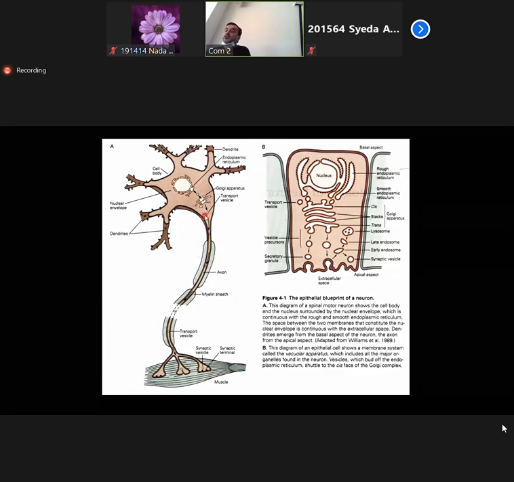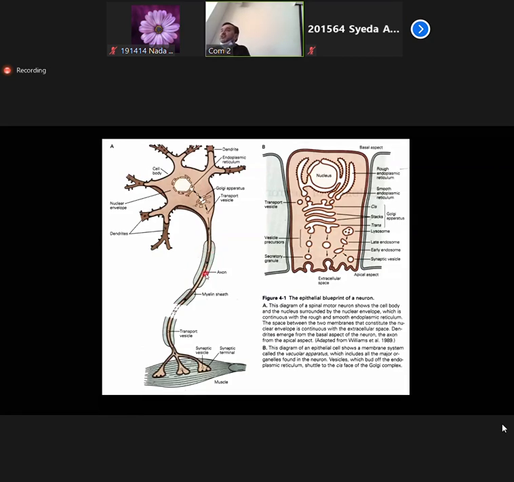Then there is a long neurite which is coming out from the cell body, and this long neurite is called the axon. It starts at a place which is called the axon hillock, and most of this long neurite, which is the axon, is covered by myelin sheaths.